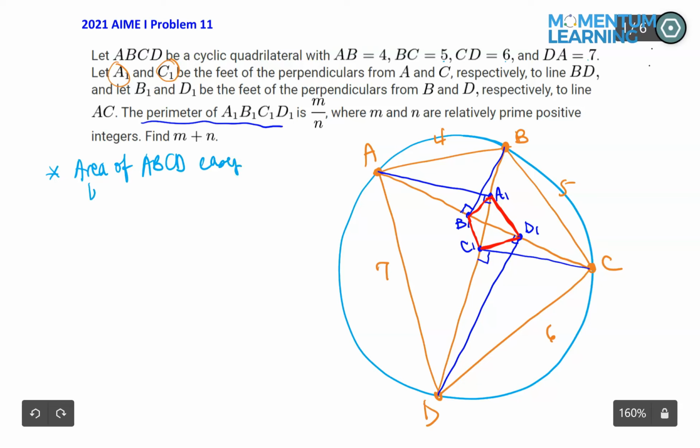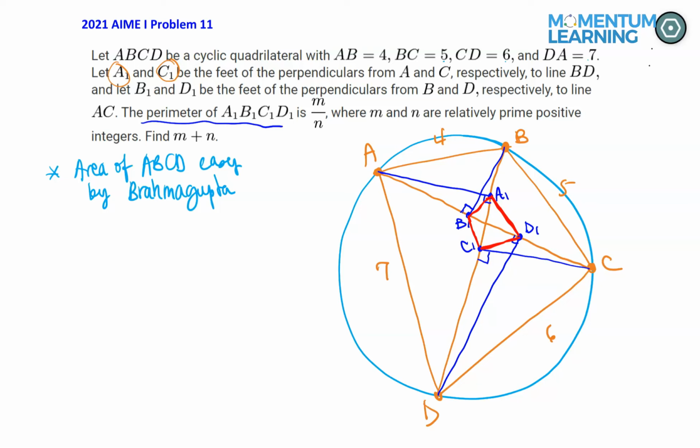Why? By Brahmagupta, a 7th century Indian mathematician. Interestingly, he was able to formulate the area of a cyclic quadrilateral. In this case, ABCD is given to be a cyclic quadrilateral. The formula is, in case you are curious, this.